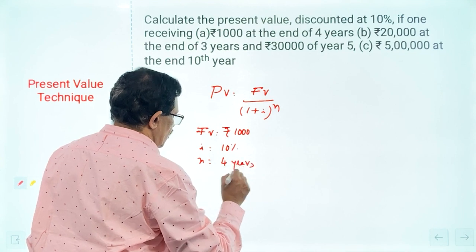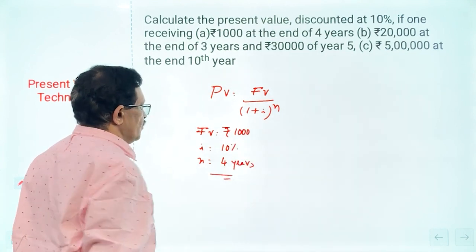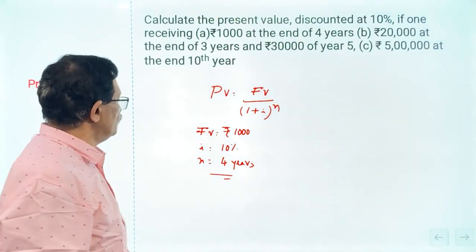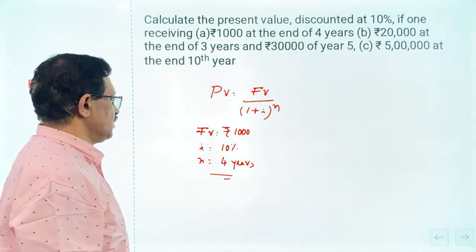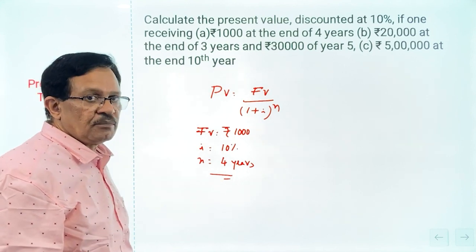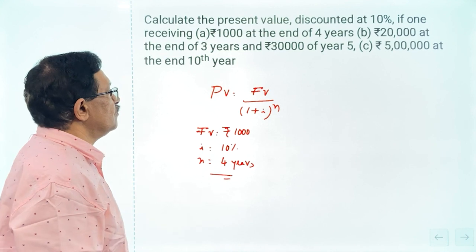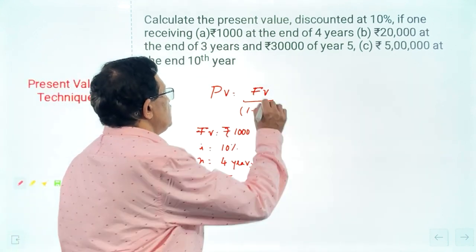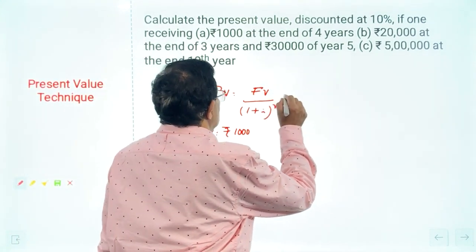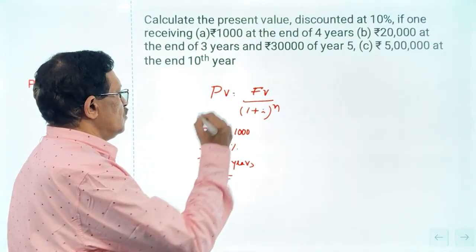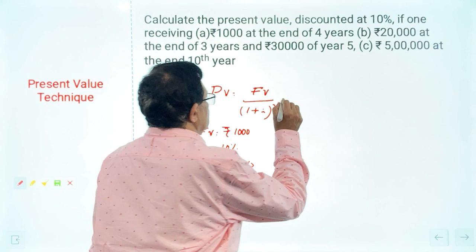So these are the 3 components which are required for this problem. One is future value, other one is i, and the other one is number of periods for which we need to discount. So the formula is future value divided by (1 plus i) whole over of n. Let us substitute these values here.